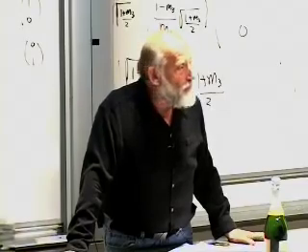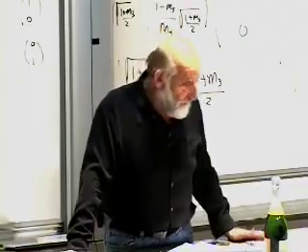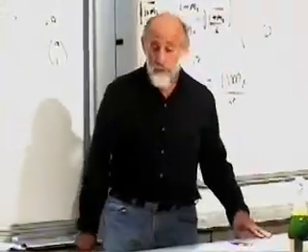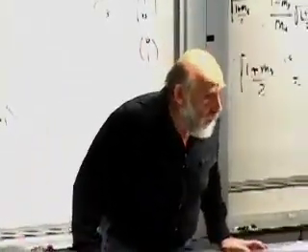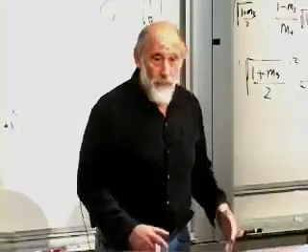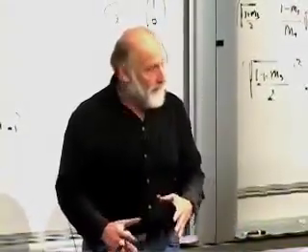Can you do a measurement which measures both of them and doesn't screw up somehow? And the answer is no. And the reason is very simple. If you measure sigma 1 and you get an answer, and you measure sigma 2 and you get an answer, remember, the rule is that you leave the system in an eigenstate corresponding to that measurement.